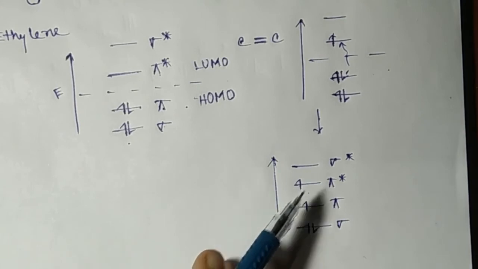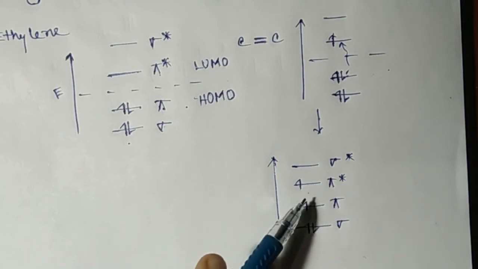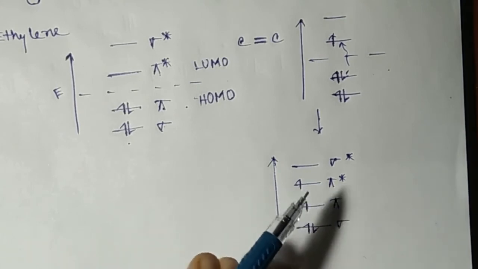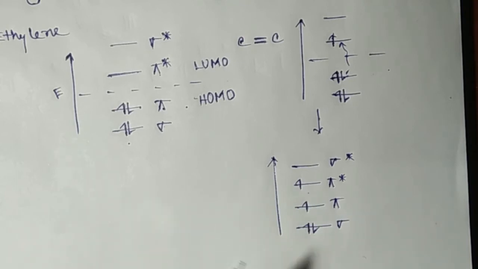This singly occupied molecular orbital is called SOMO, and it is only found when the ethylene molecule gets excited.